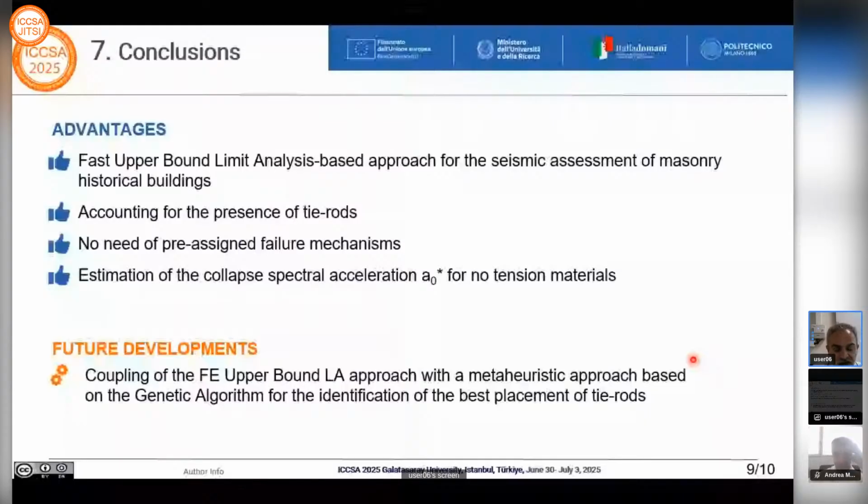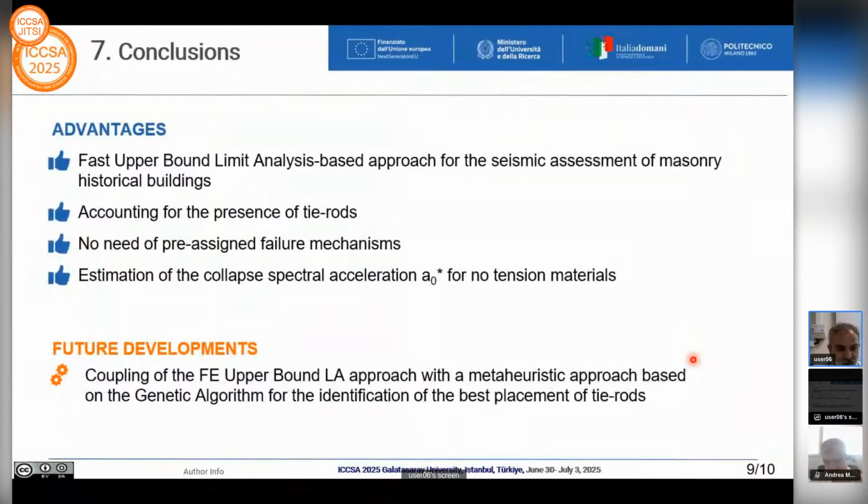We can take into consideration also the case of the non-tension material, that within linear programming is not an easy task. And we can also evaluate the effect of the introduction of a strengthening intervention, like for instance a placement of tie rods in a certain position and in a certain number.